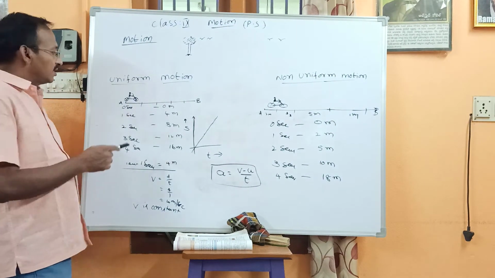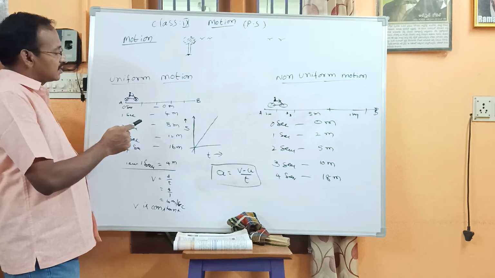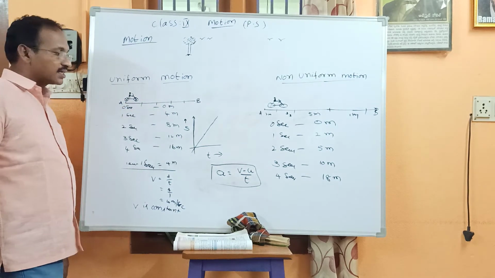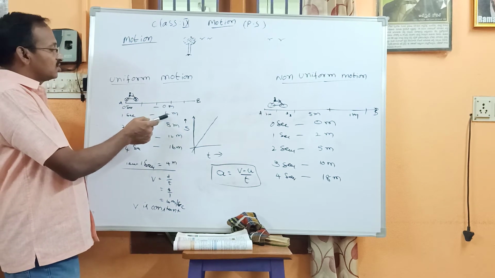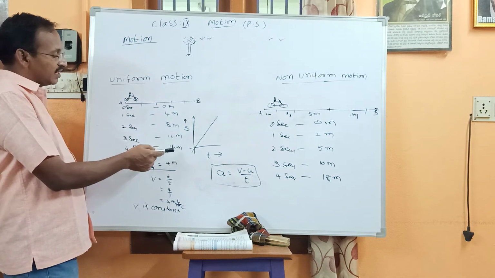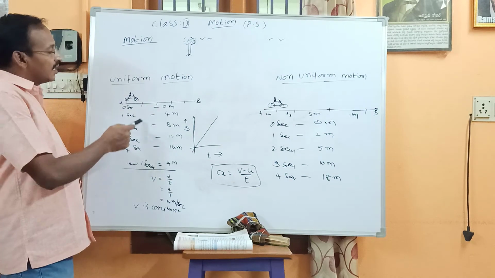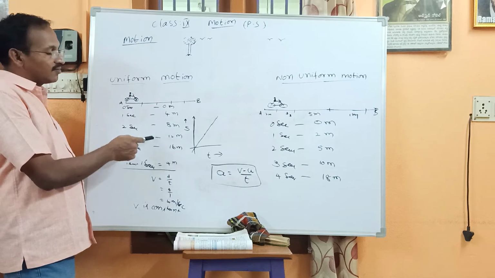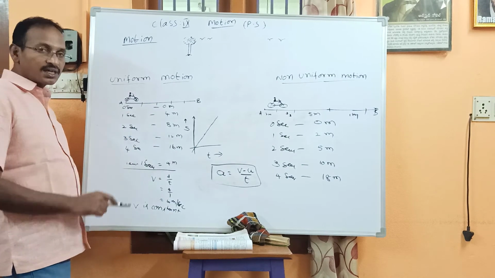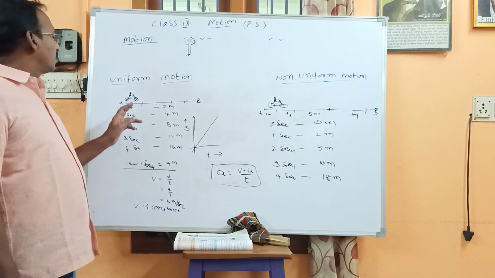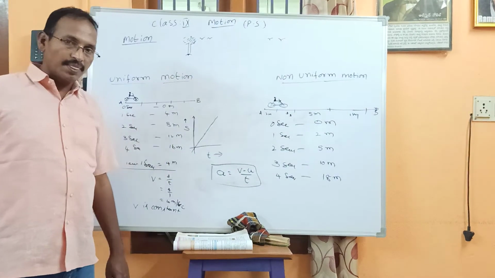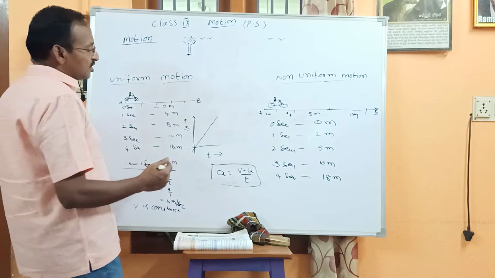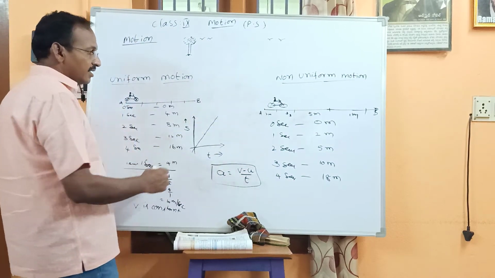In the first situation, he covers 4 meters in first second, again 4 meters in second second, again another 4 meters: 0 meters in 0 seconds, 4 meters, 8 meters, 12 meters, 16 meters, etc. He covers equal distances in equal intervals of time, that is 1 second, 1 second. You can say that the object is in uniform motion. If you draw the graph by plotting time and displacement, you should get a straight line.